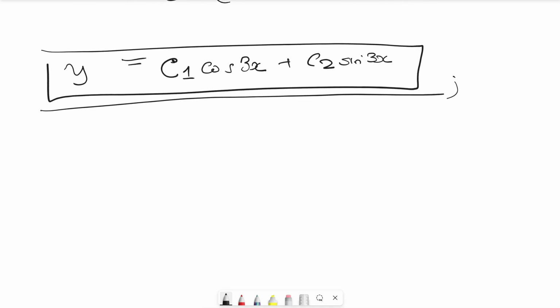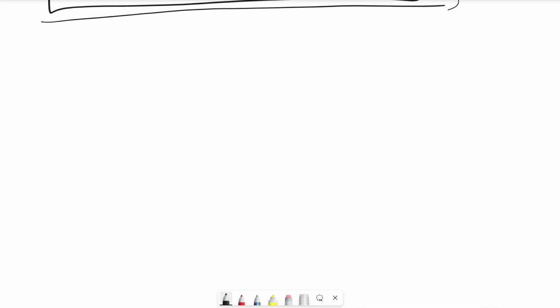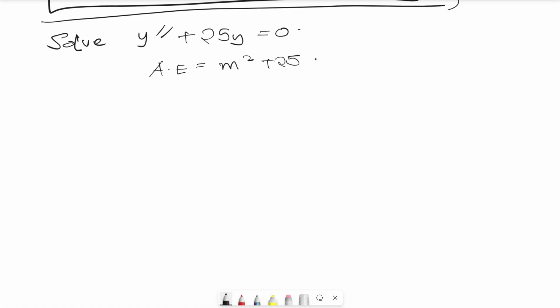Okay, now moving on to the next example. Solve y double prime plus 25y is equal to 0. Again, the auxiliary equation will be m square plus 25 is equal to 0.